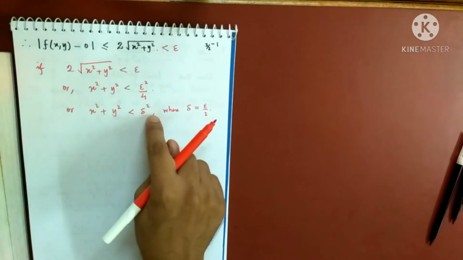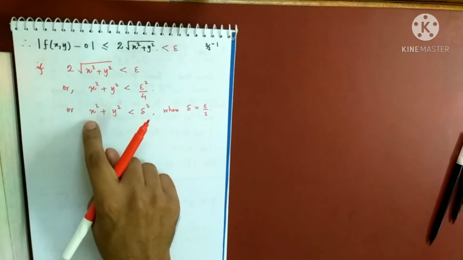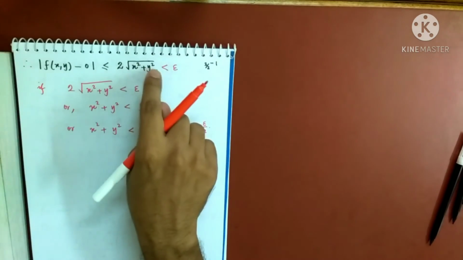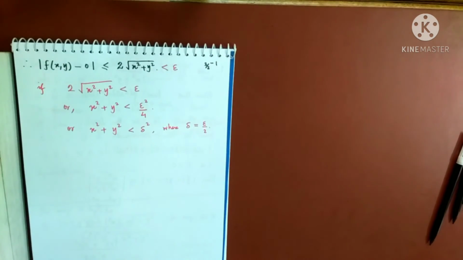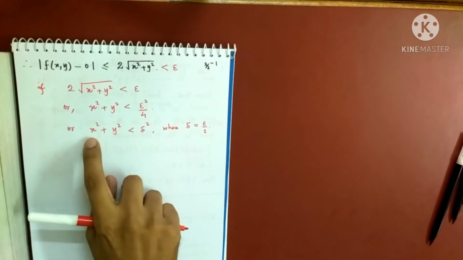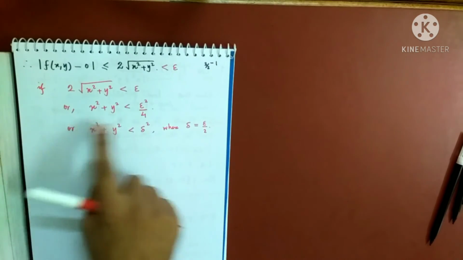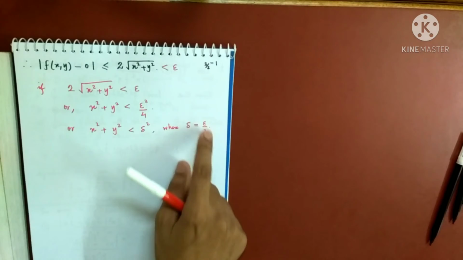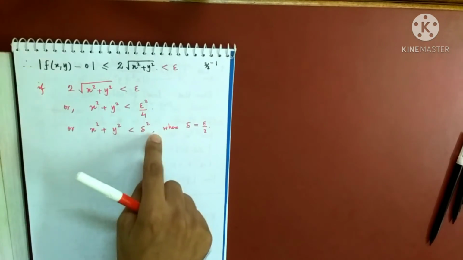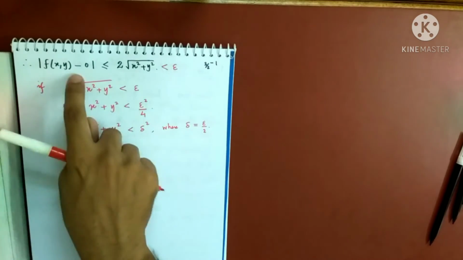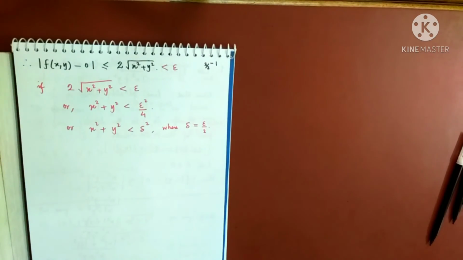So for all those x comma y lying in this circular neighborhood, this is less than epsilon. You give me any epsilon, I can find a delta which is equal to epsilon by 2, and whenever x comma y lies inside this circular neighborhood, this will be less than epsilon.